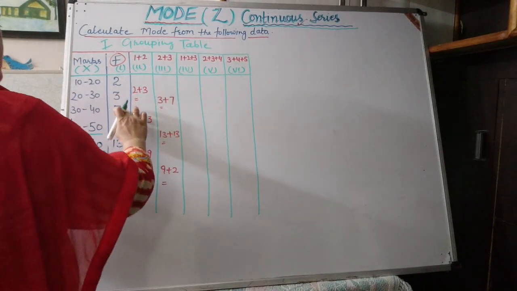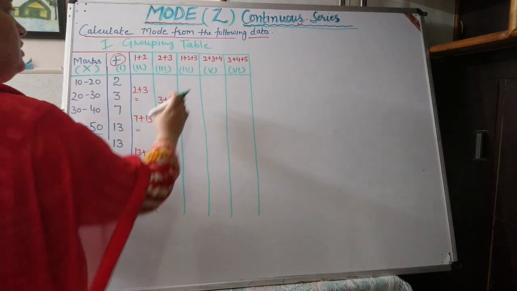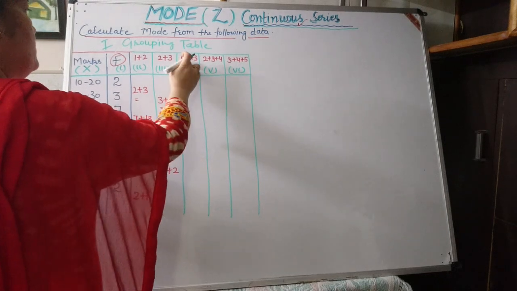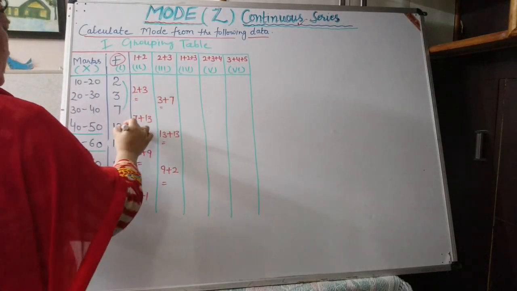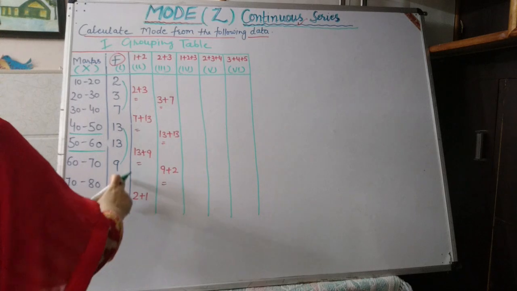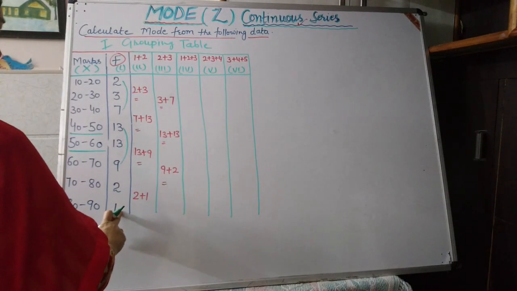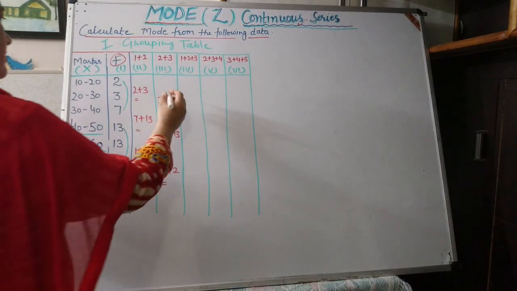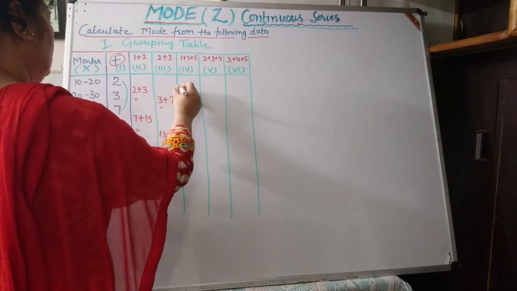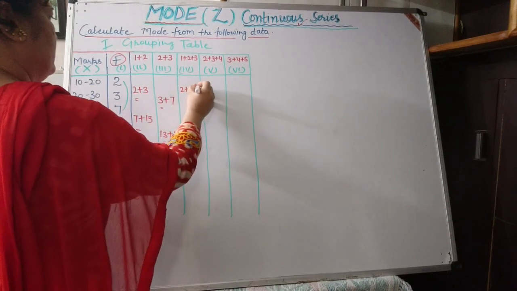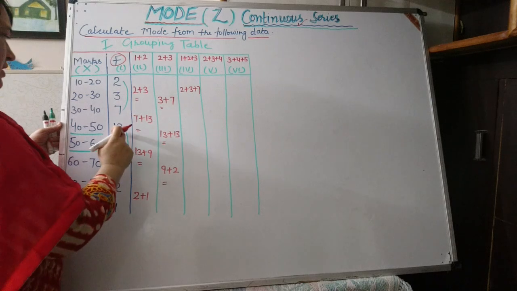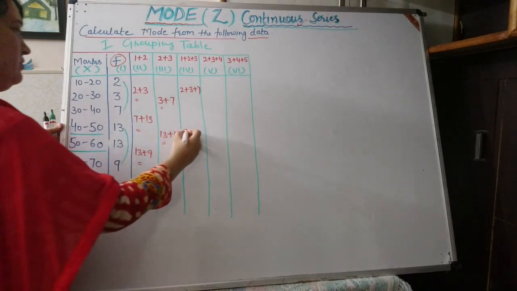And next, in our fourth column, the first 3 frequencies will be grouped. The last 2 values will not be grouped, because only 2 values are remaining. So here the values will be 2 plus 3 plus 7, then 13 plus 13 plus 9.